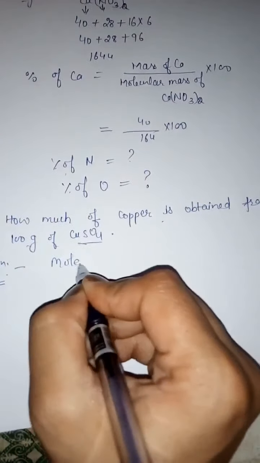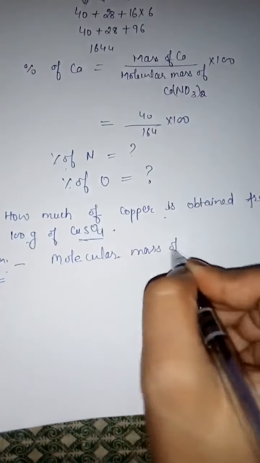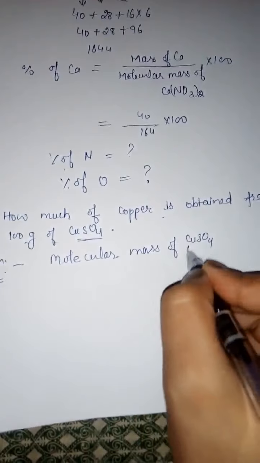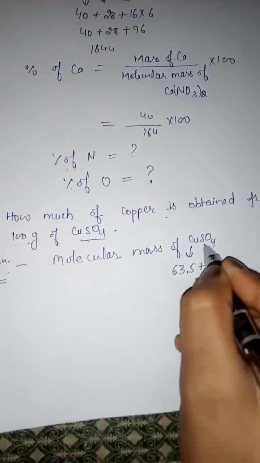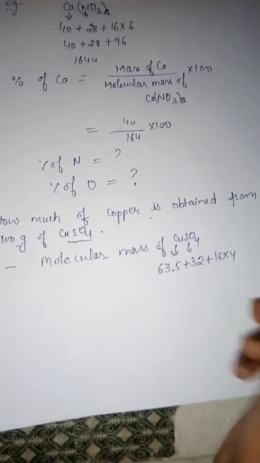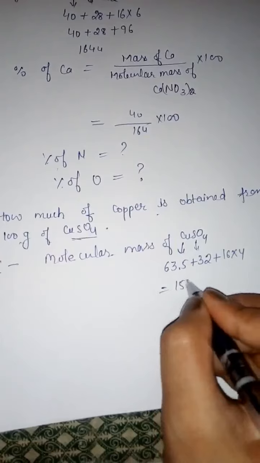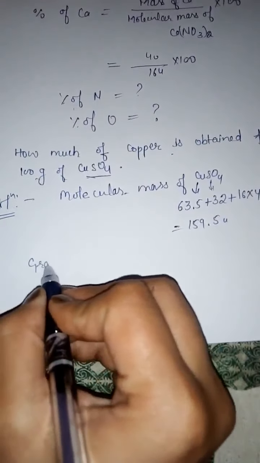First calculate the molecular mass of copper sulfate. Copper, its atomic mass is 63.5, plus sulfur, it's 32, plus 16 multiplied by 4. It will come 159.5 u.